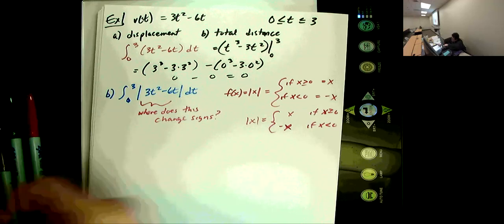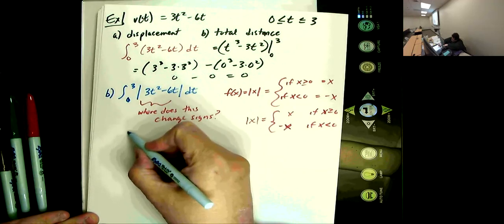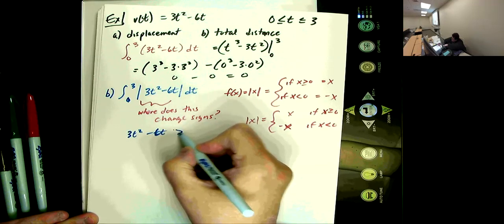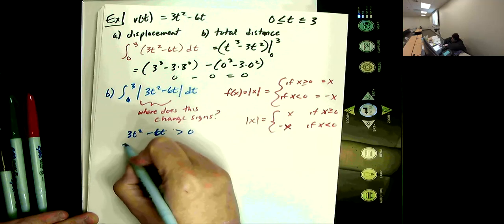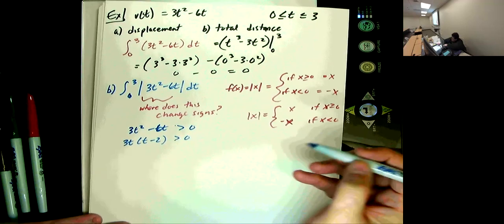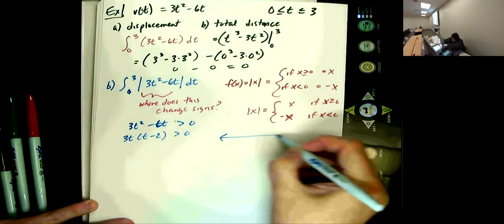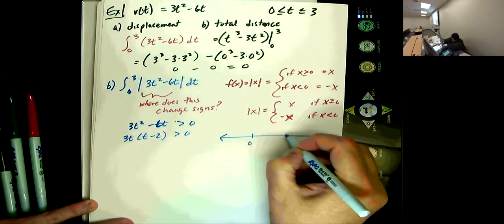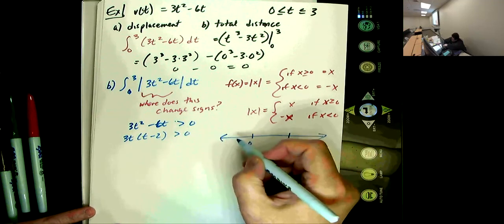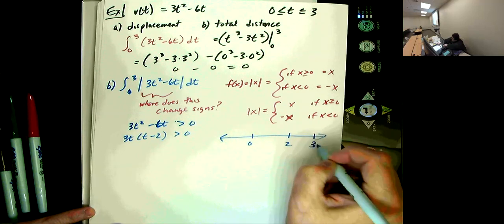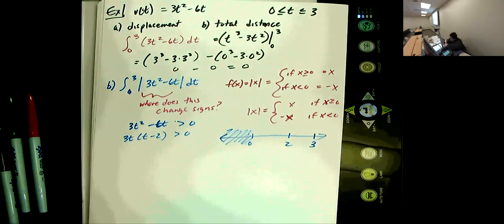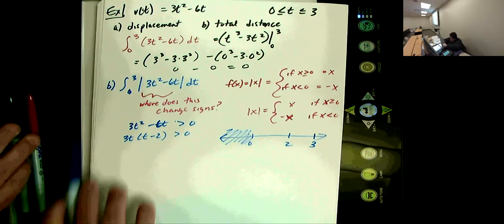So we could do a number line. Where is 3t squared minus 6t greater than 0? Factor out a 3t, I've got t minus 2. Pick some test points. Less than 0 doesn't matter because we're only looking at 0 to 3. So we've got different values between 0 and 2 and 2 and 3.